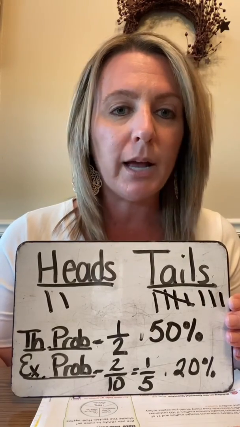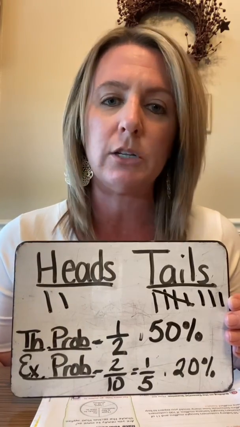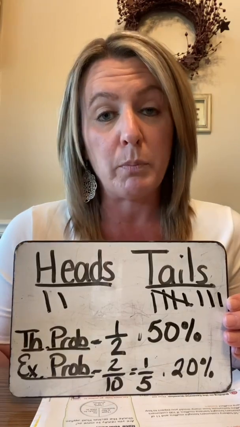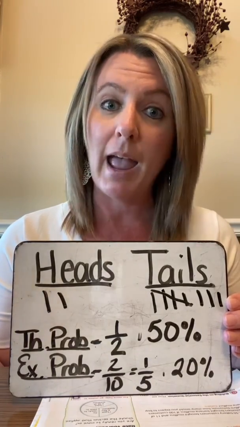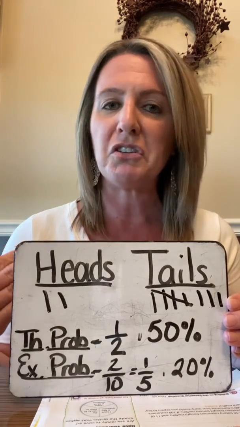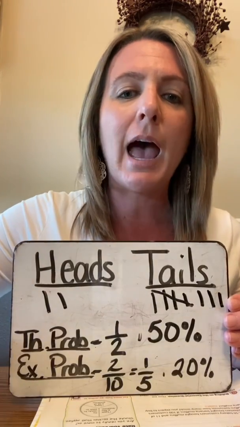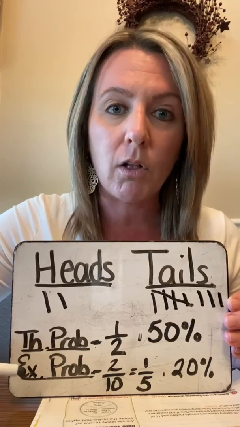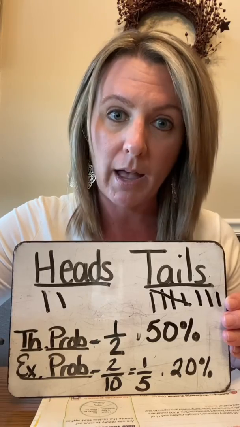Now, a possible explanation for that: the odds are still the same. There's still a 50% chance that if we flip a coin 10 times, 50% of it would be heads. But in this specific experiment, that didn't happen. However, if we were to continue more and more trials, like we said, 100 times or 1,000 times, over time, we should start noticing that experimental probability is getting closer and closer to that theoretical probability, okay?